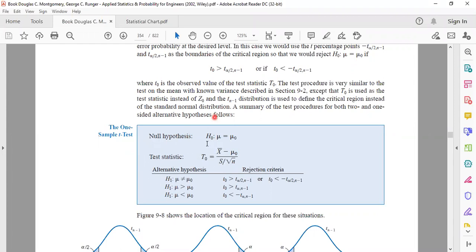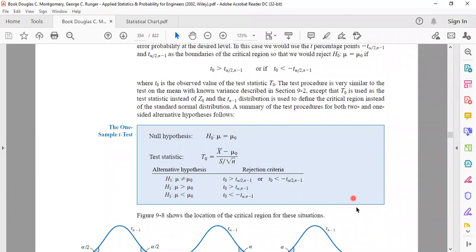Basic rule is that you have to set your null hypothesis. Nothing has been mentioned about alternative hypothesis here, because whenever you are assuming null hypothesis it is always associated with alternative hypothesis. The test statistic is already known to you, and these are the criteria by which you are going to reject your null hypothesis and accept your alternative hypothesis.